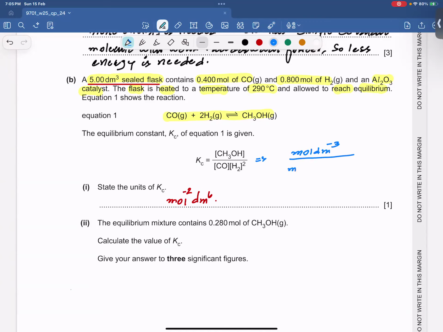The concentration of carbon monoxide is going to be mole per dm cube. The concentration of hydrogen is mole per dm cube, but because of a square, it's going to be mole squared dm minus 6. So unit is going to be mole per dm cube divided by mole cube dm minus 9. So when you cancel out these two units, obviously you are going to get this answer.